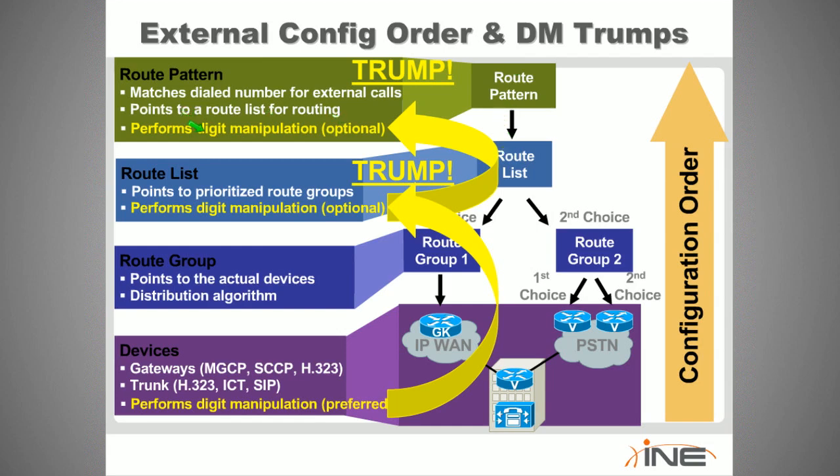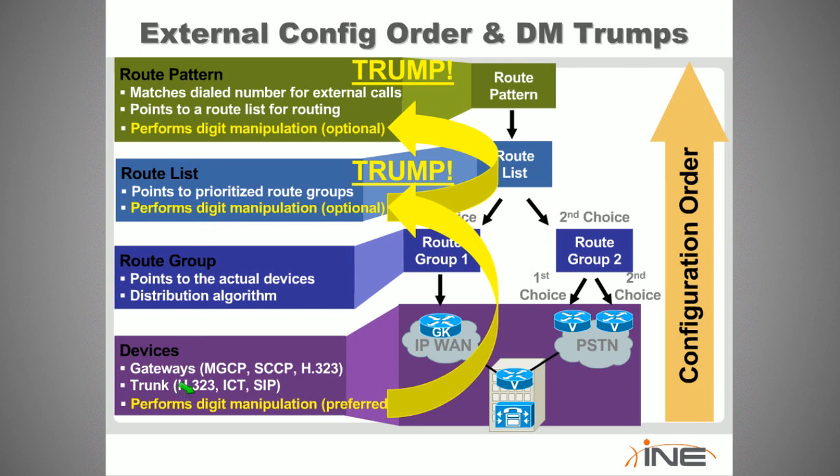So essentially, as I go on down the line of the actual call, any digit manipulation done at the route pattern level is basically only tentative. It's set to take effect if no other digit manipulation happens to be configured further down the line. If there is digit manipulation further down the line, whatever was done previously is completely forgotten. It's like, you know what? Your reservations are no longer good because somebody else more important showed up.